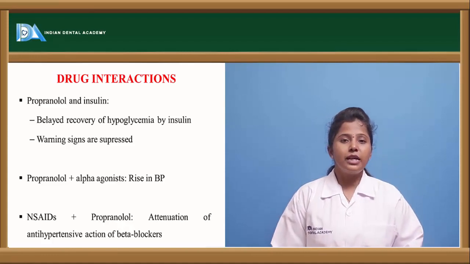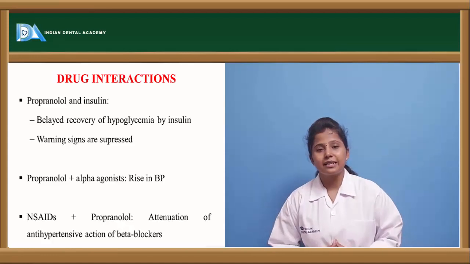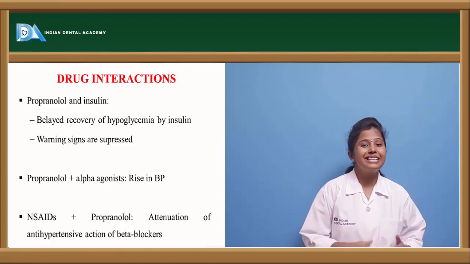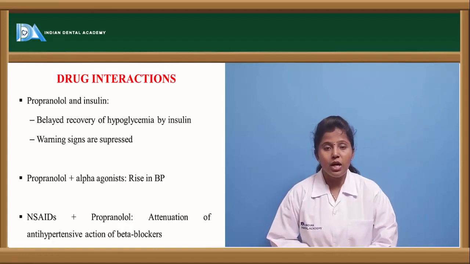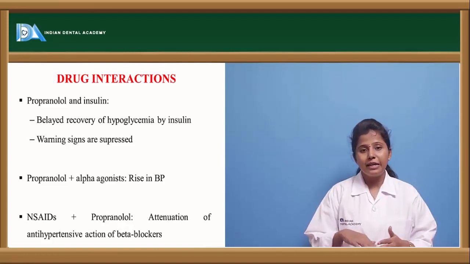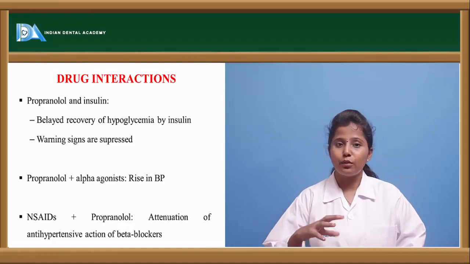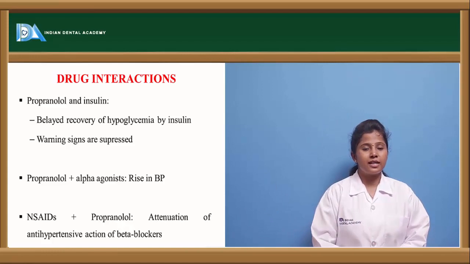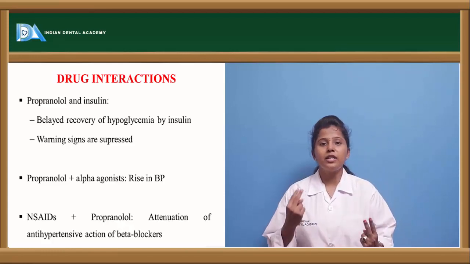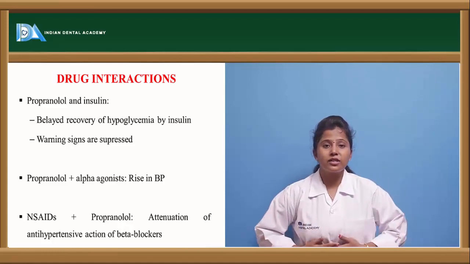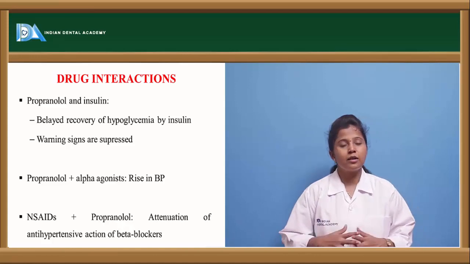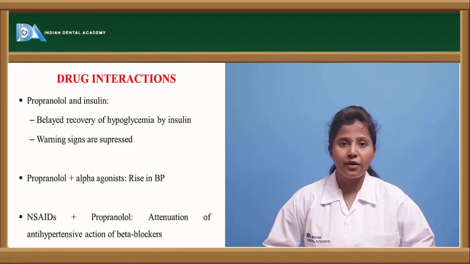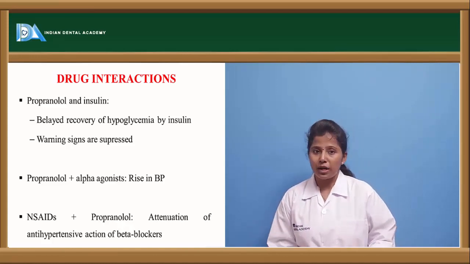In some situations it may cause decreased glycogenolysis also. If there is decreased glycogenolysis, the availability of glucose in the blood is reduced, and if insulin is secreted, when propranolol and insulin are given together, they cause glucose levels to fall below the normal level, which leads to hypoglycemic conditions.